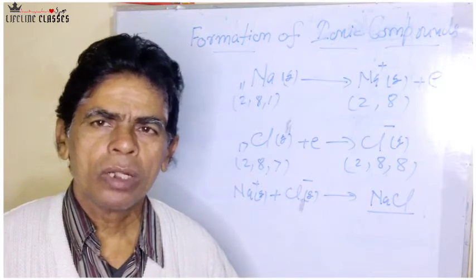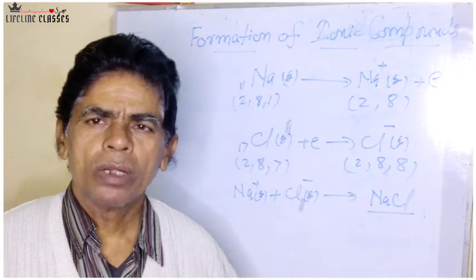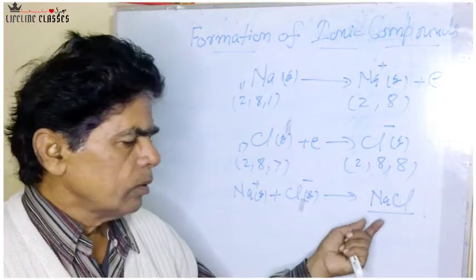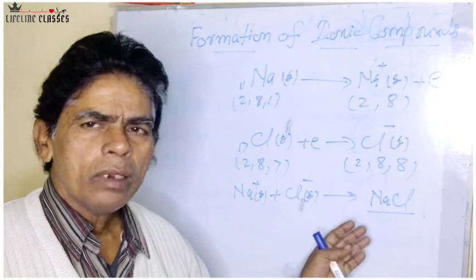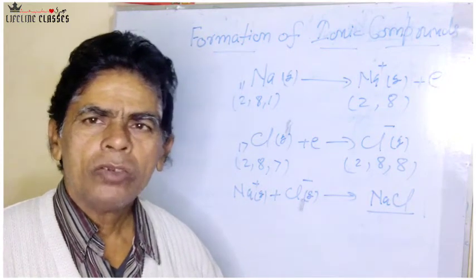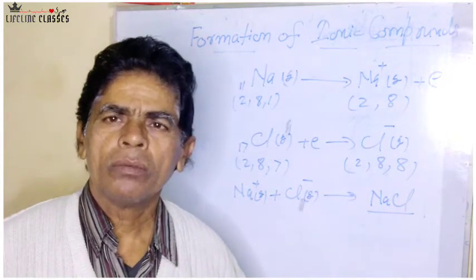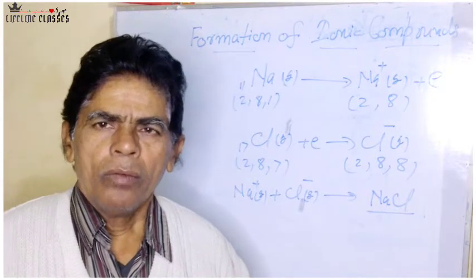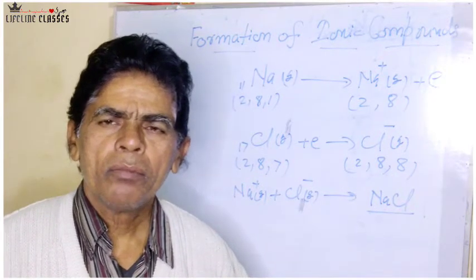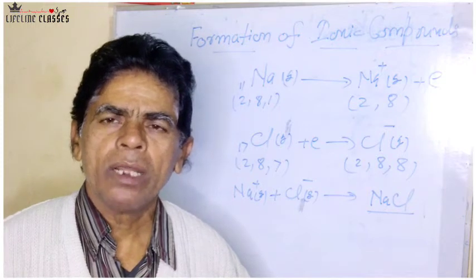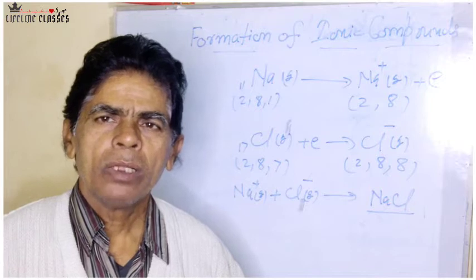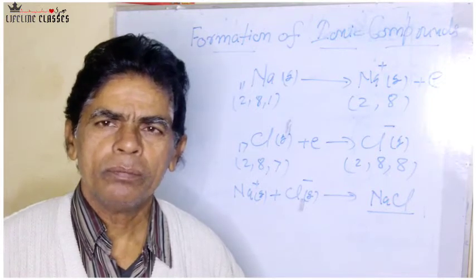What do you mean by crystal lattice? What is a crystal? Crystals are well-defined geometrical structures of the molecule, having a fixed number of plane faces inclined at fixed angles and forming a definite geometrical shape.